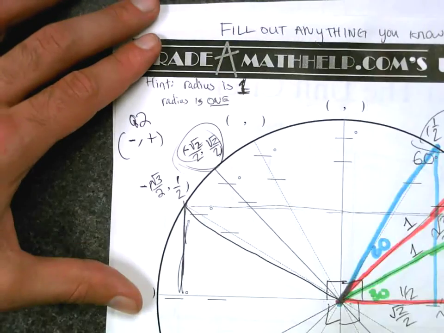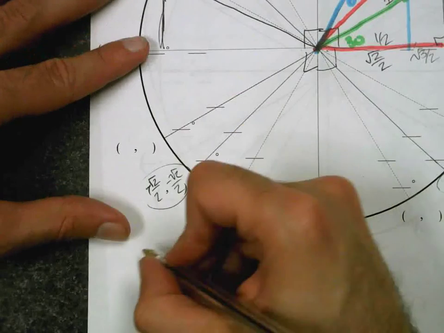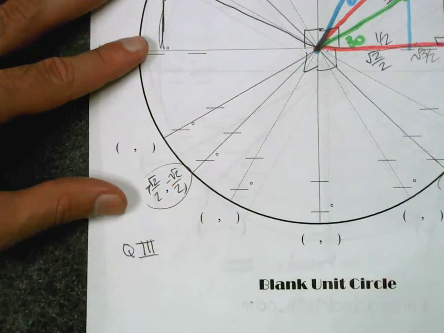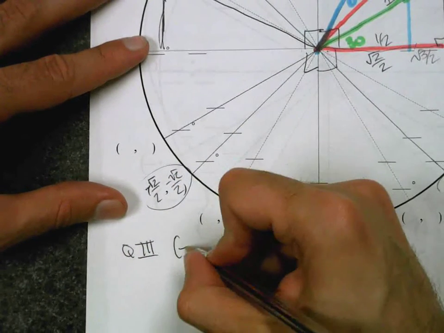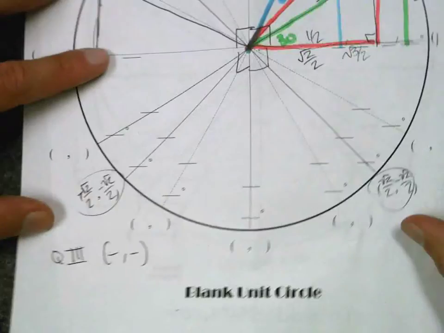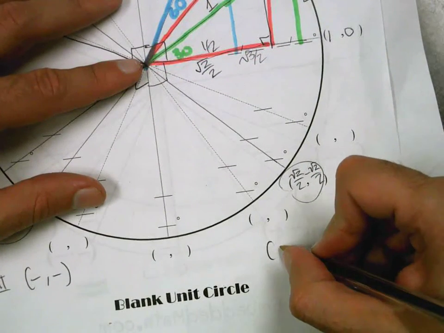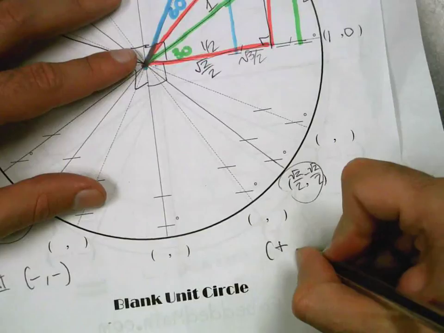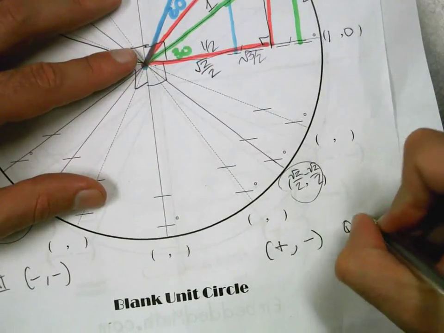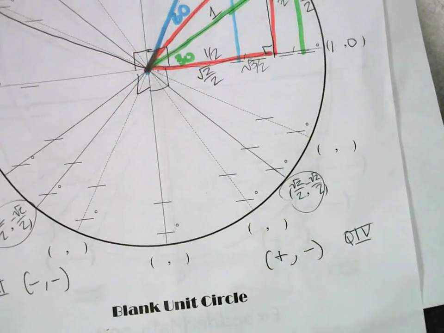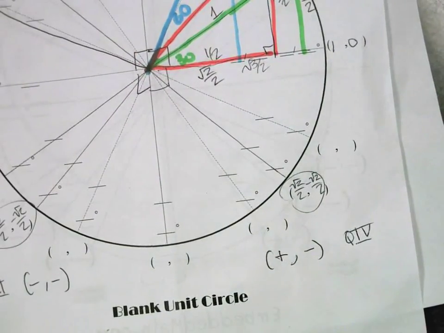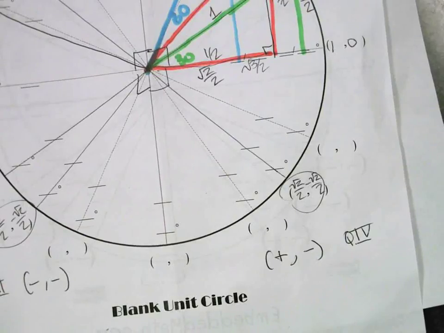In quadrant 3, both are negative. Quadrant 4, my x is positive, but my y is negative. So that's literally all I need to be able to get all of this done. We'll check it first thing tomorrow.